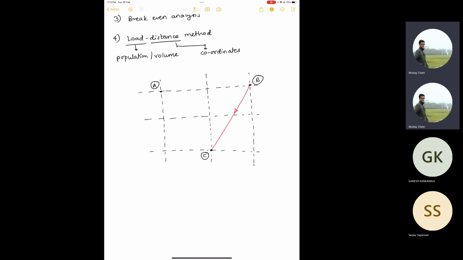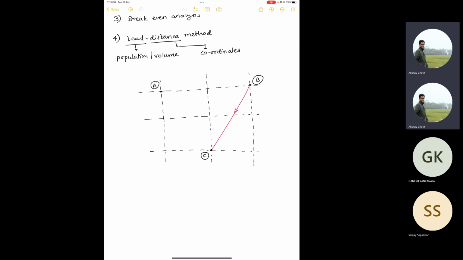I'll take the shortest distance possible and just go from B to C. That is one way of doing it, assuming you have that flexibility, because in reality, from your factory to warehouse, you can draw a straight line on the map, but you cannot do that.